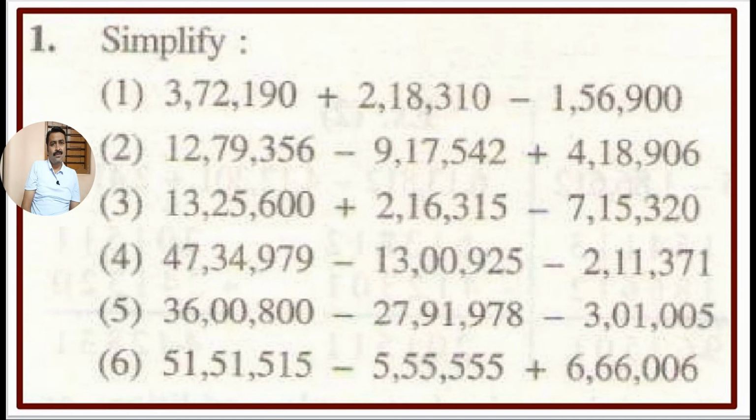Addition we can do with 2 or more than 2 numbers at a time, but subtraction we can do only between 2 numbers at a time. So due to that concept, in examples number 4 and 5, if we have subtraction on both sides, then such examples are also carried out as per the mixed example concept.